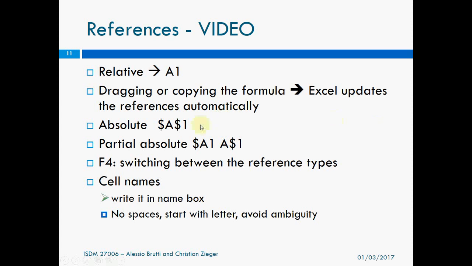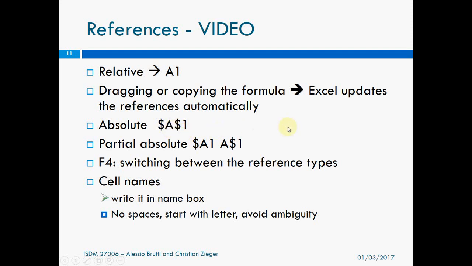If you don't want Excel to update references automatically, you have to use the absolute reference. The syntax is the one you see here. You insert the dollar symbol before the letter and the dollar symbol before the number, so that you lock the row address and the column address.